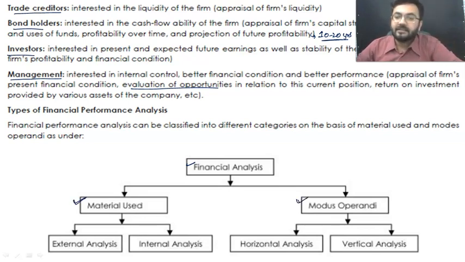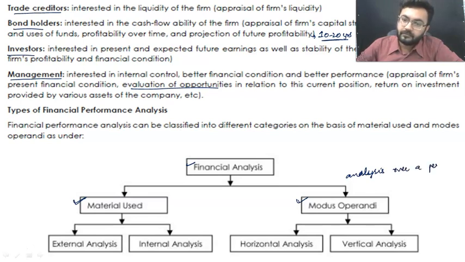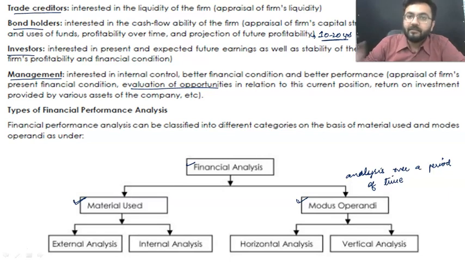That means analysis over a period of time. Got it? So at least we are going to analyze the things over a period of time, taking into consideration the horizontal part and the vertical part as well.